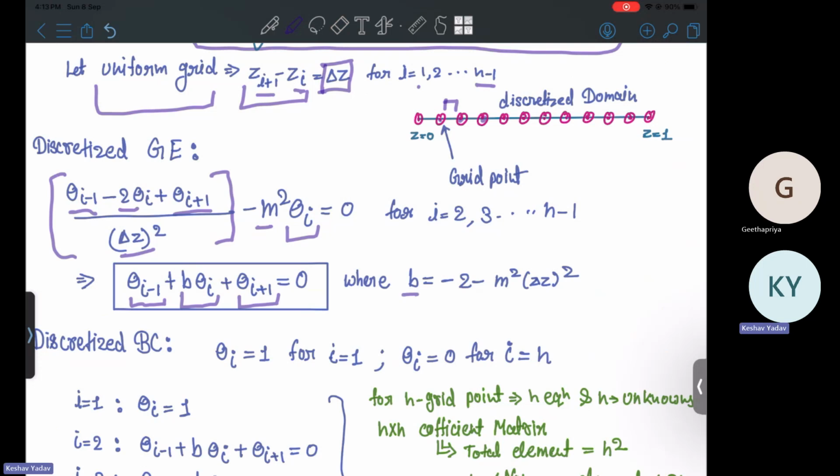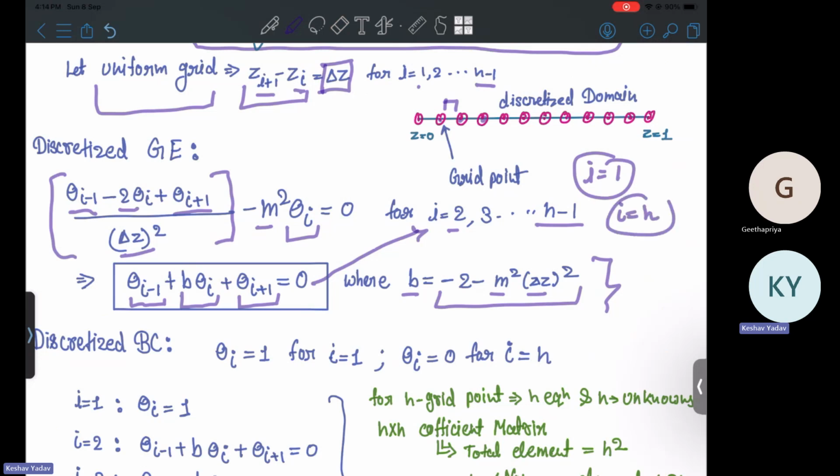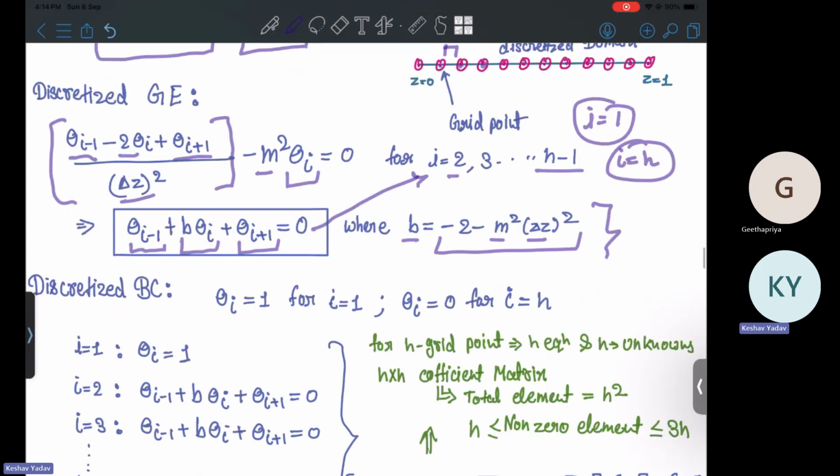B is what? B will be equal to minus 2 minus m square delta z square. This is for i equal to 2 to n minus 1. At i equal to 1 there will be a boundary condition, and at i equal to n there will be a boundary condition.